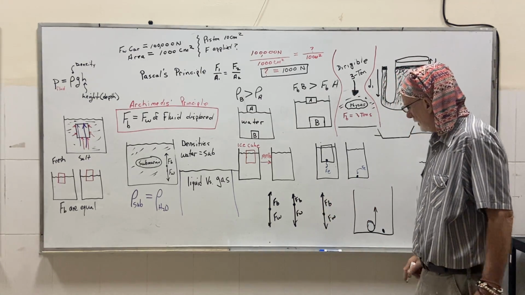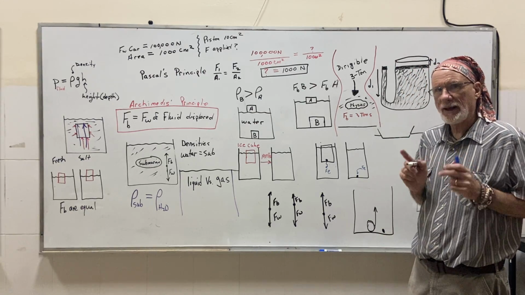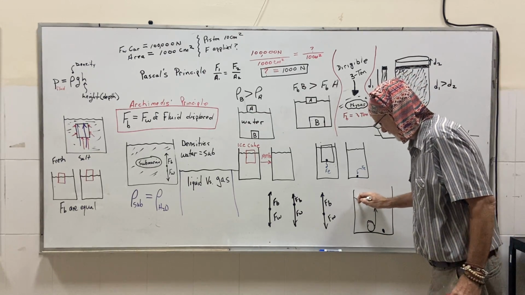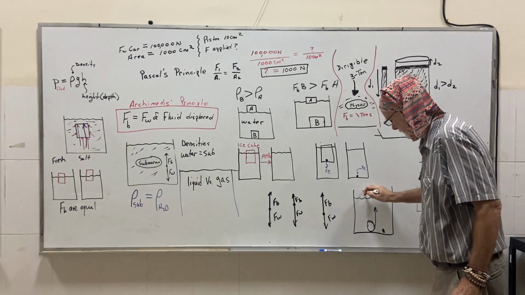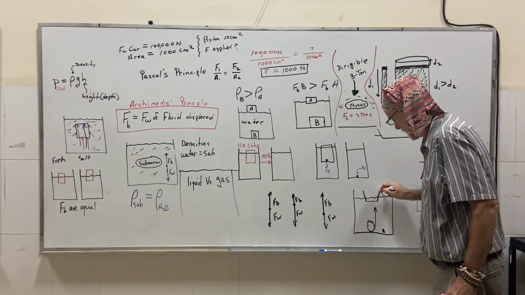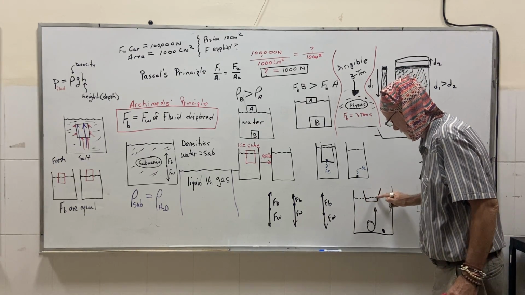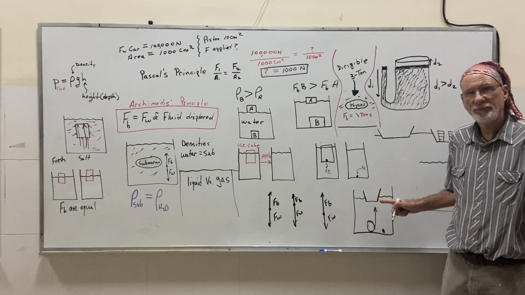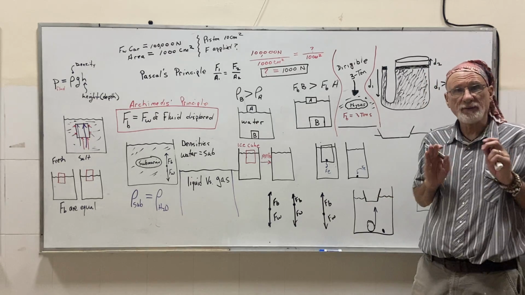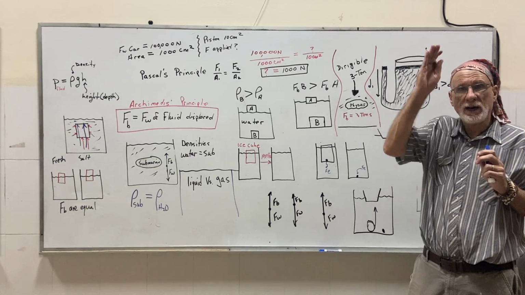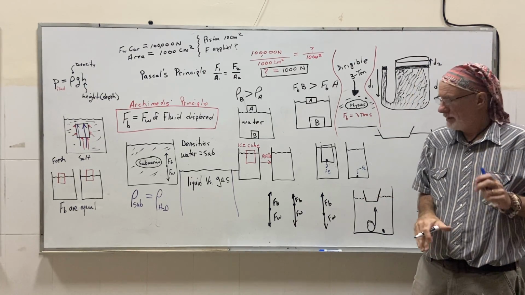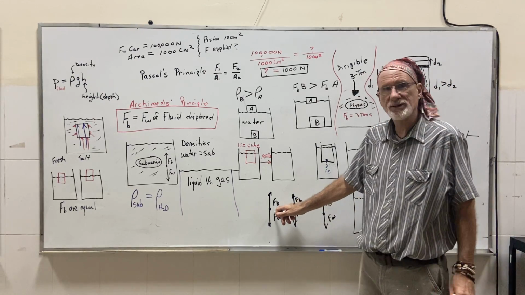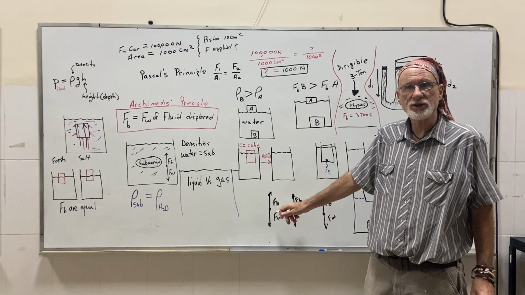And then, don't be confused about this. If I have a ship, that ship is floating, right? It's not rising, it's not falling. Therefore, the buoyant force and the weight of the ship would be the same.